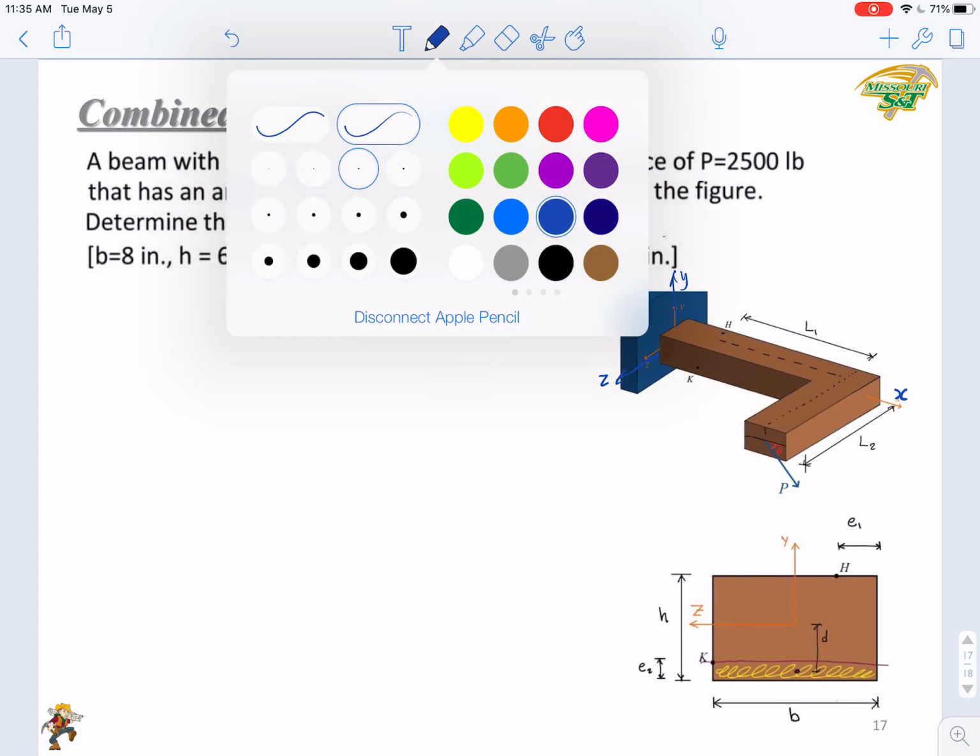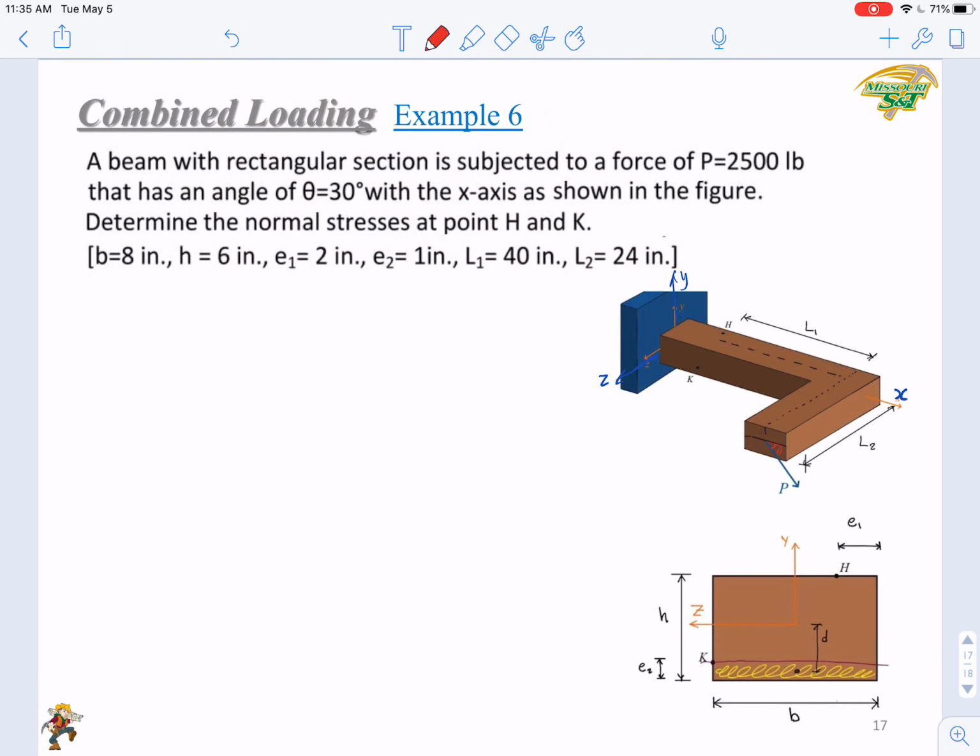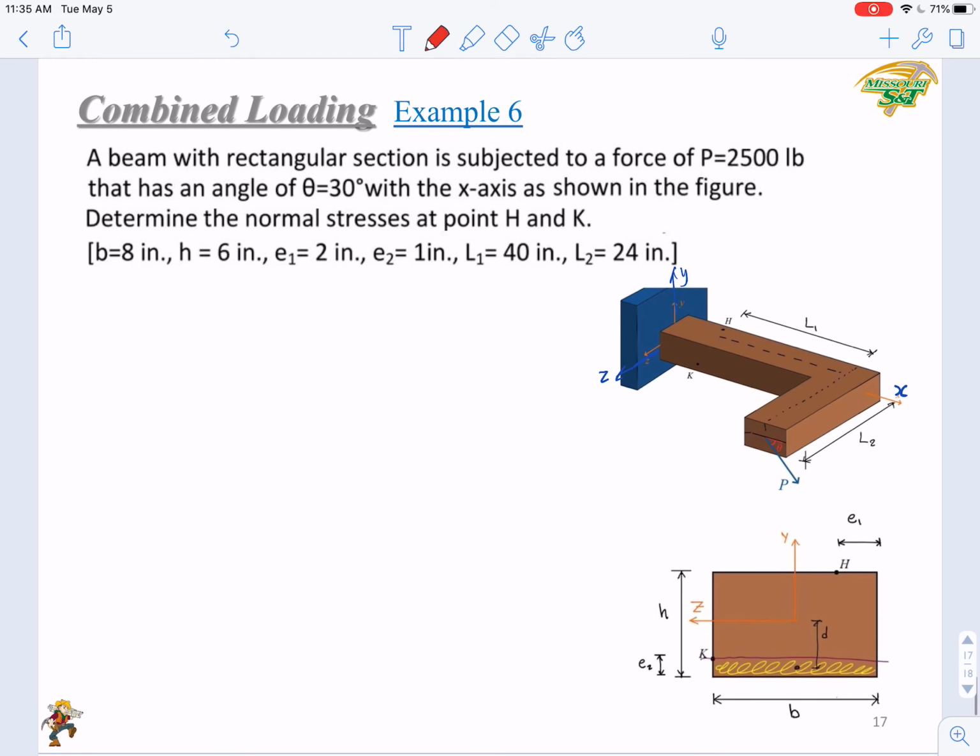Right, so this force P can just be split into two components. One is along x direction, another is along y direction, right? Px, Py. I just need to split this P into Px and Py and use them to find out the internal forces and then normal stresses.